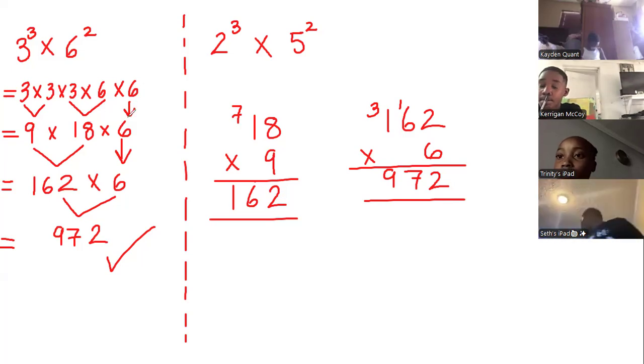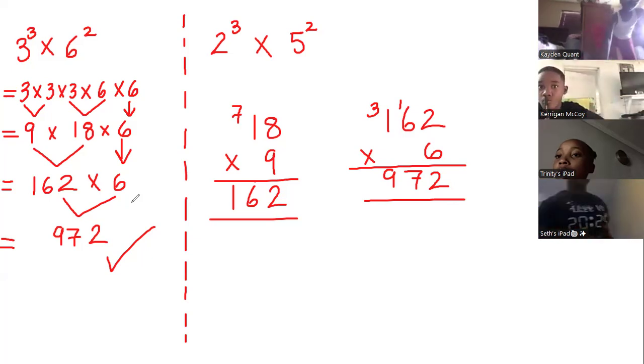Then we bring down the 6. Then we say 9 times 18, which is 162. We bring that down. Then we multiply the 162 times 6, which gives us 972. Does that make sense to you? Yes, sir. Good.